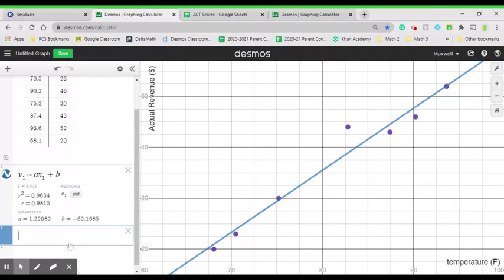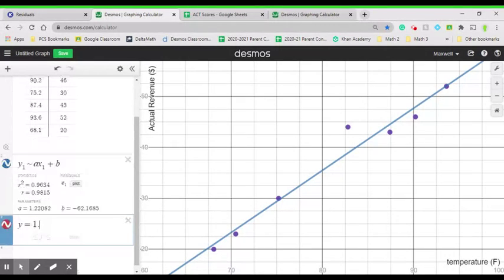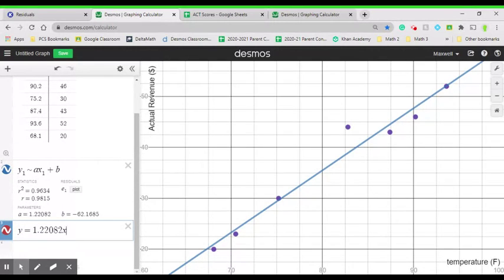So we're going to type in our linear function here. Y equals 1.22082 x minus 62.1685.